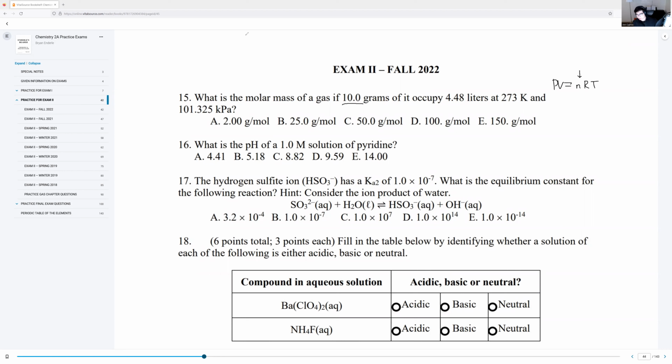So first I need to convert this into ATM. This is about 1 ATM, so I'm just going to do that. So we have 1 ATM here times 4.48 liters. We're going to make sure it's in liters and in ATM. This is n, what we want.